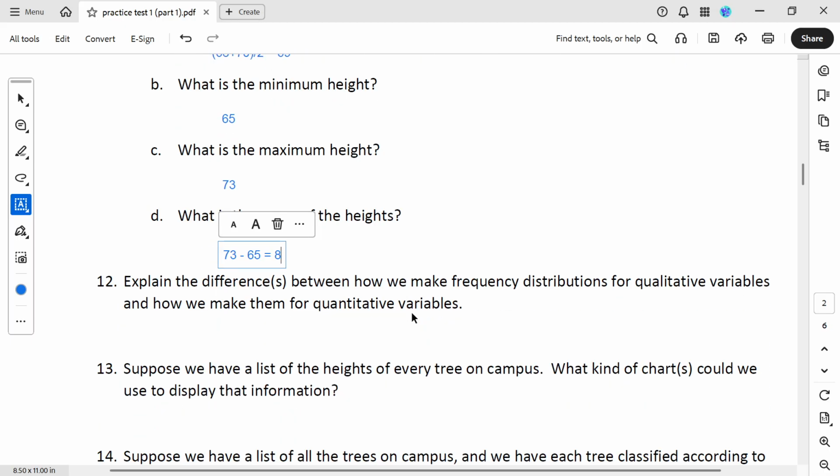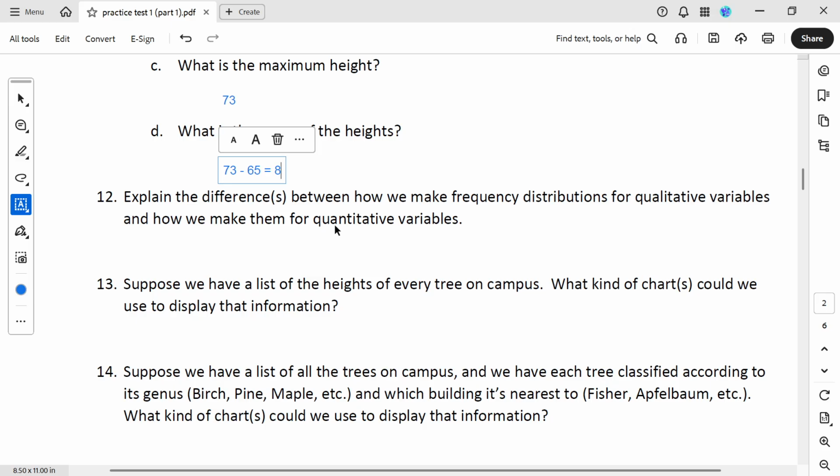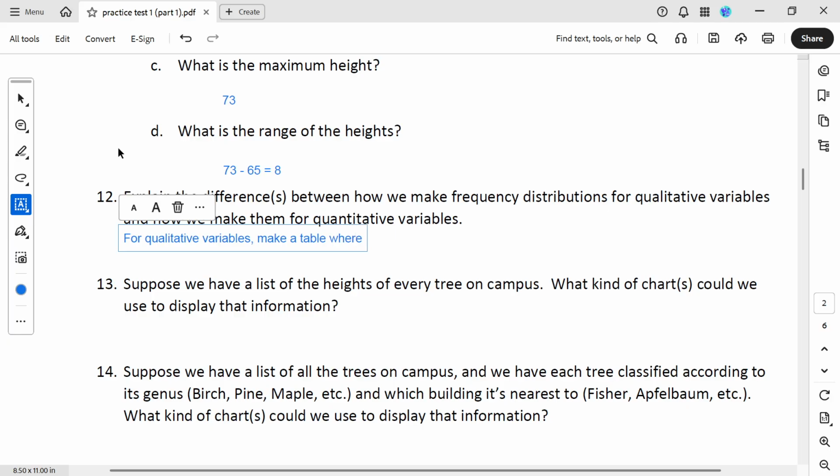All right. Difference between how we make frequency distributions for qualitative variables versus quantitative variables. For qualitative variables, make a table where there's a row for each possible value of the variable.